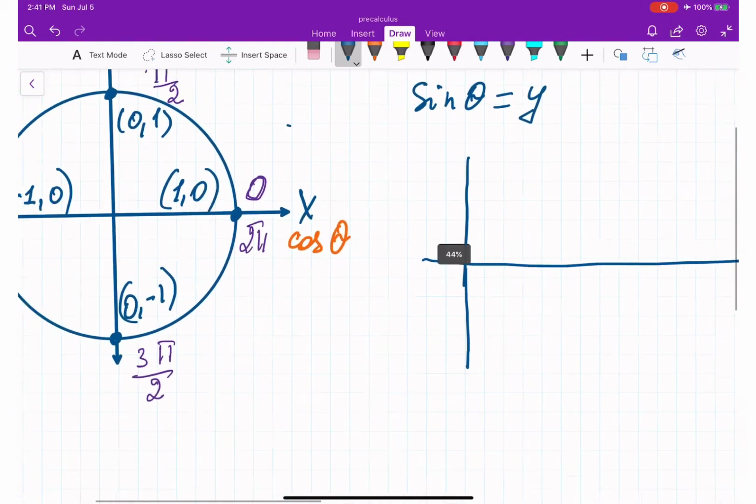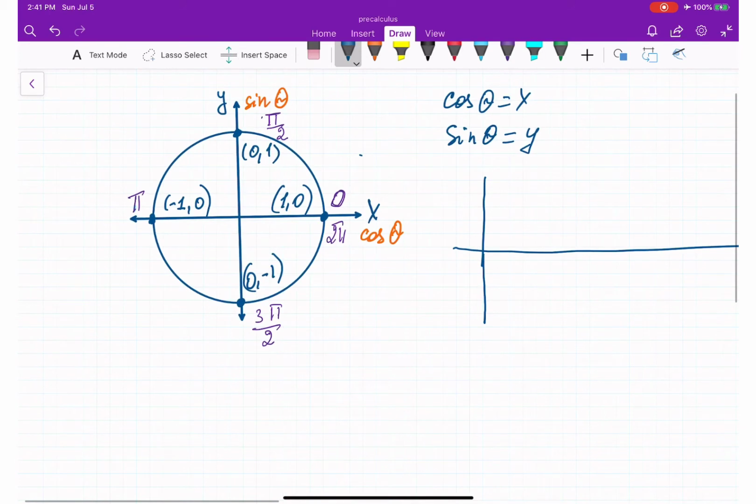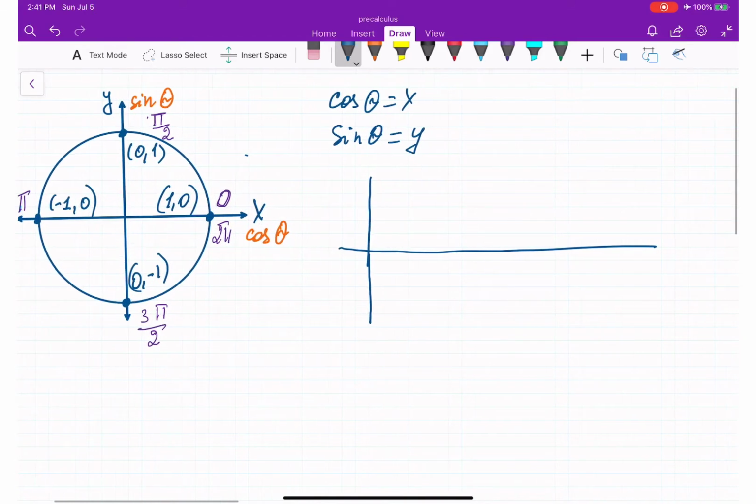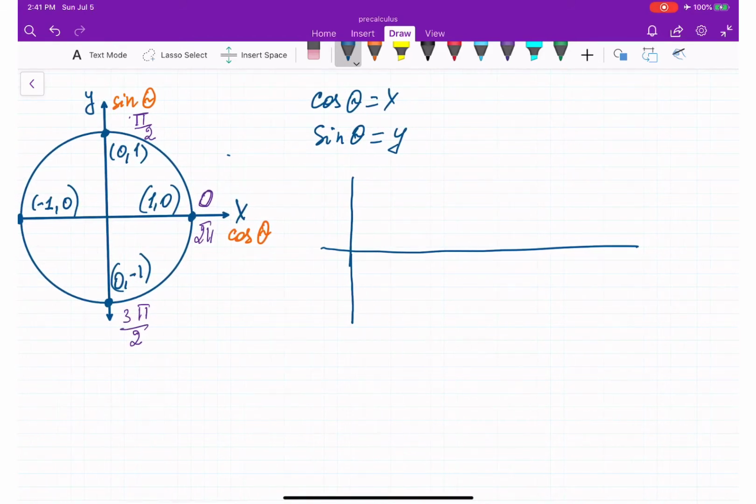So, what do we have? Important angles: 0, half a pi, pi, 3 over 2 pi, and 2 pi. Because our circle is symmetric, they are going to be the same distance from each other, obviously, and they are increasing by pi over 2. That also means equal increase at equal distance.